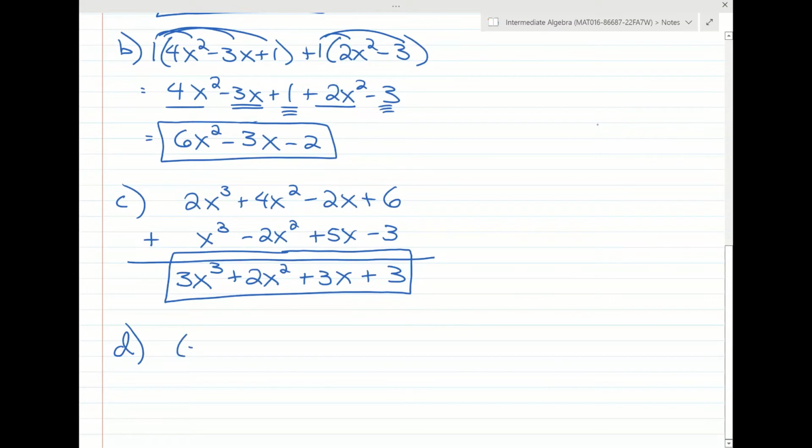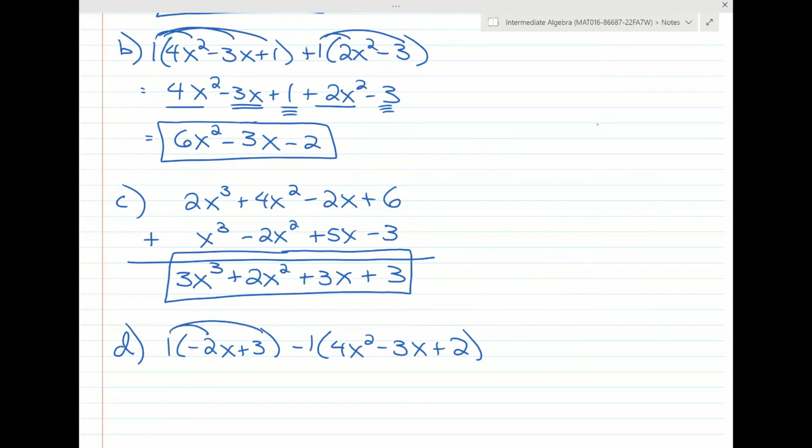What about negative 2x plus 3 minus 4x squared minus 3x plus 2? This one's subtraction, really the same as before. We just distribute the numbers in front. In this case, we're distributing a negative 1.